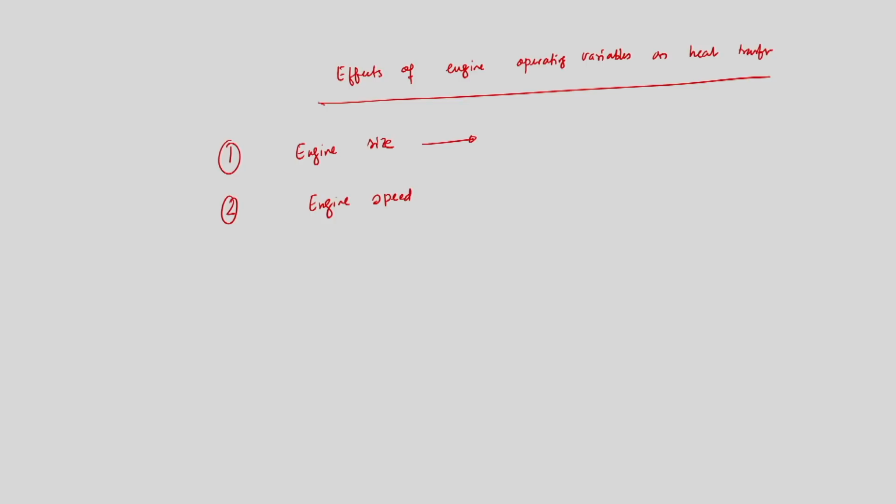So, engine size: a larger engine. Those are geometrically similar, but displacements are different.